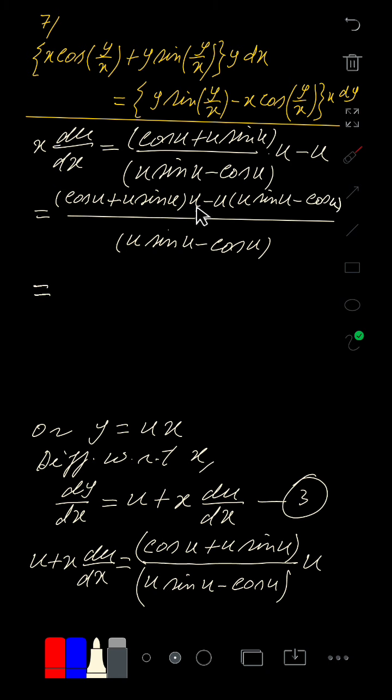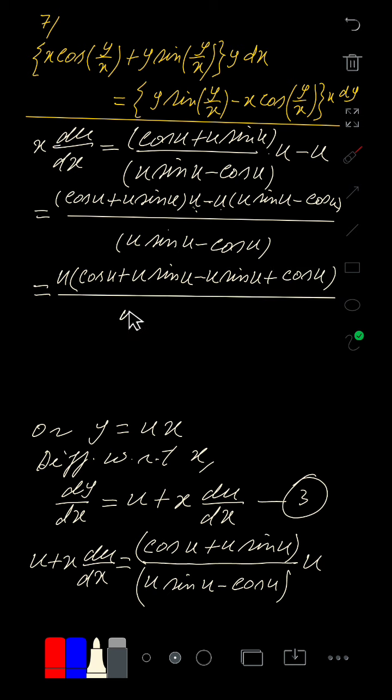Now taking u common out of these two terms, there is u and there is also u. So taking u common, inside the bracket we have cos u plus u sin u, and here minus, this minus will change both the signs inside. So minus u sin u and plus cos u divided by u sin u minus cos u.